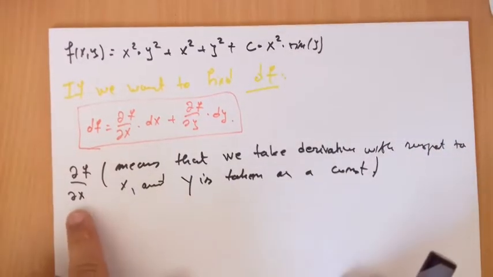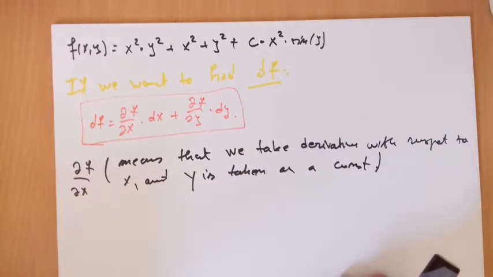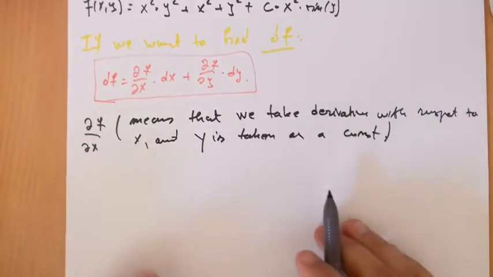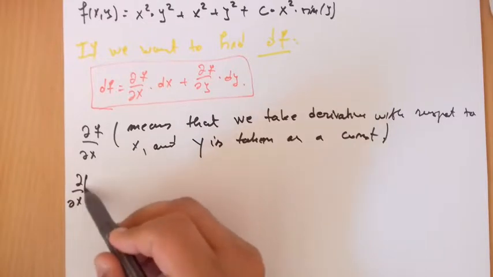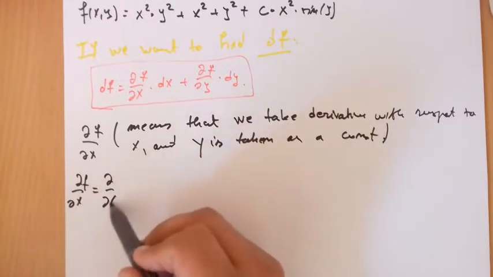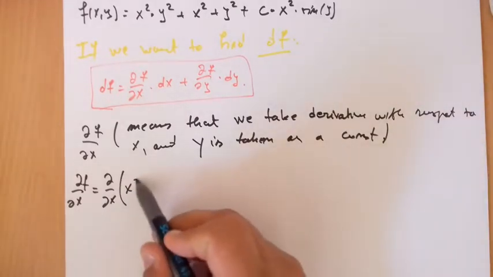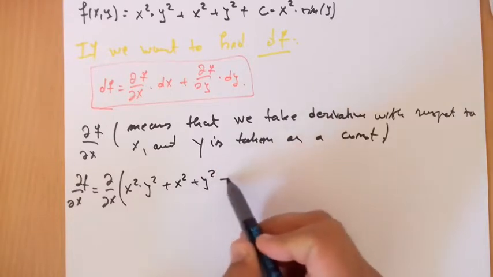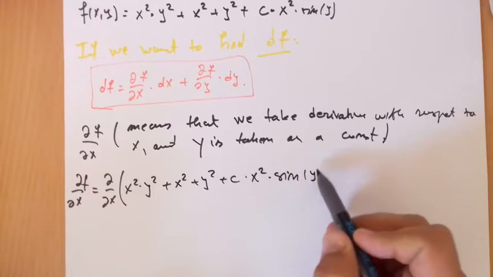So when we take the partial of f partial of x, y is constant. We do it like this: partial of f partial of x, where f is x squared times y squared plus x squared plus y squared plus c times x squared times sine of y.